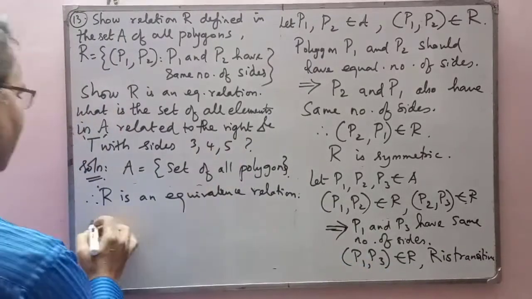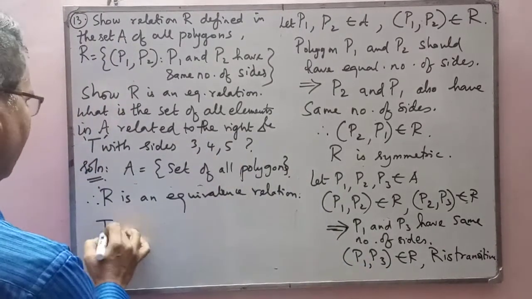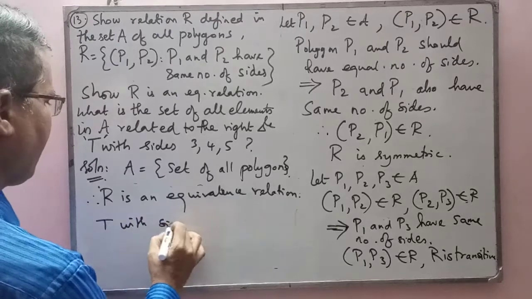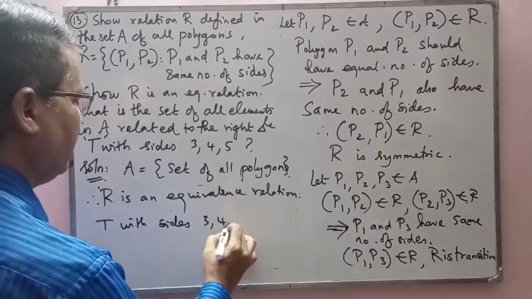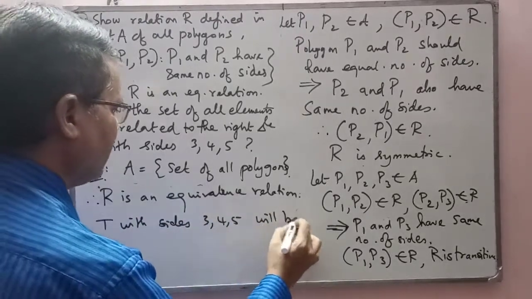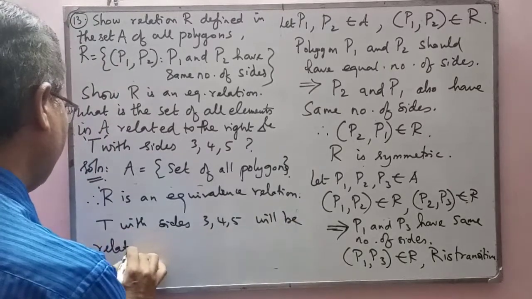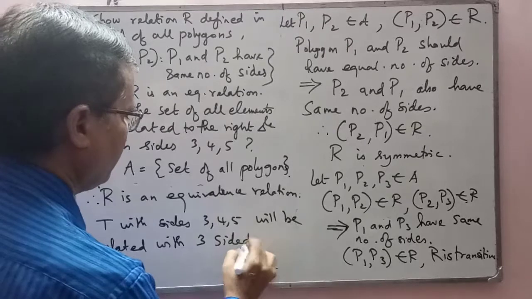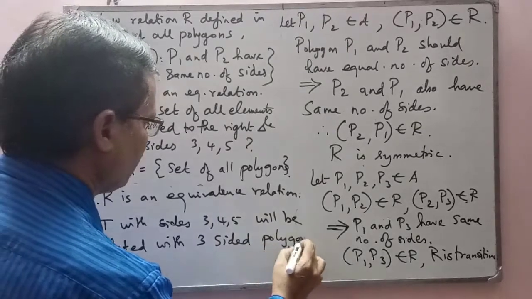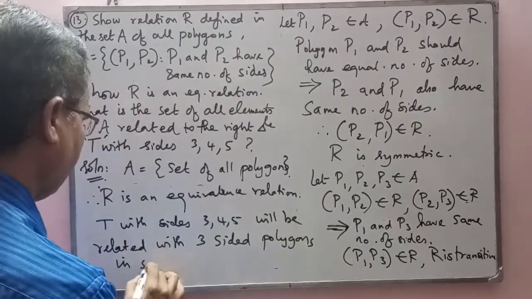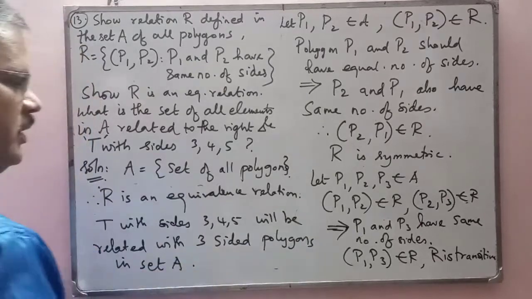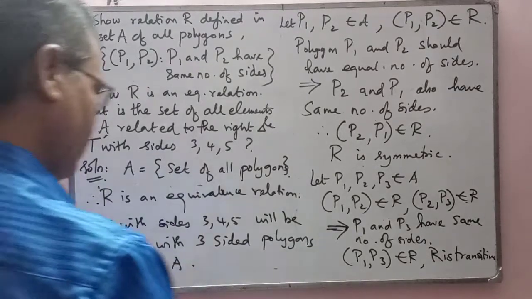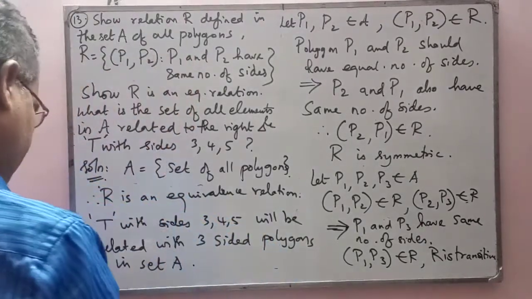So your triangle T with sides 3, 4, 5 will be related with three-sided polygons in set A. What does it mean? What is a three-sided polygon? Yes, it is a triangle.